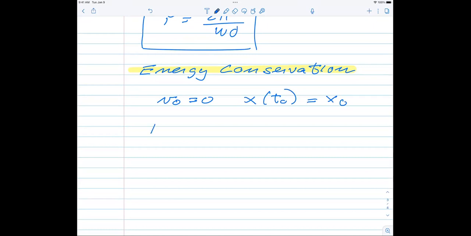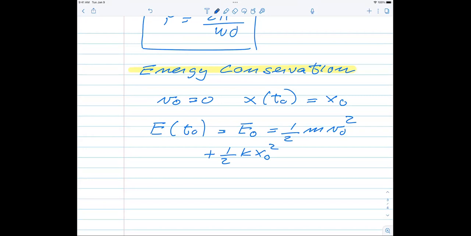So if we now set up the total energy at time t0, which we would typically write as E0, this is going to be equal to 1/2 times the mass of the object times the velocity squared, plus the potential energy, which is 1/2 of k times x0 squared. So I'm just plugging in the kinetic and the potential energies.